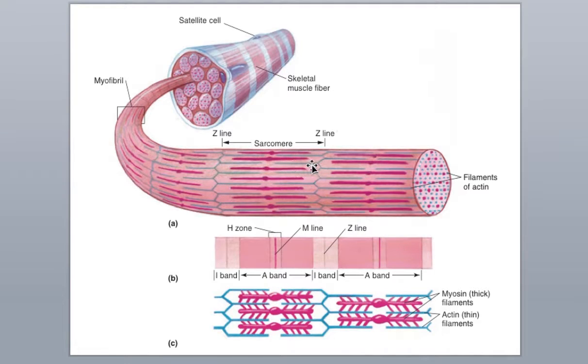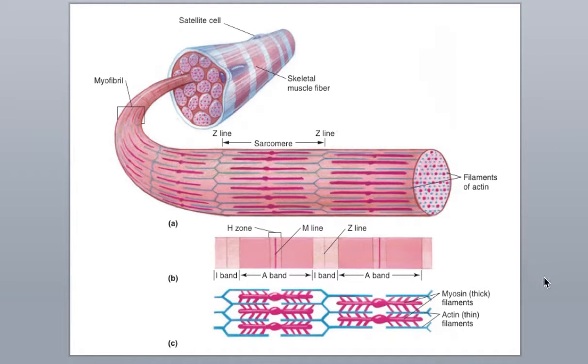You can see the thinner, kind of lighter type of protein, maybe like a light blue, and then you also have the red here in the middle. Those two proteins are going to slide over top of each other. So when we have muscular contraction, the Z lines become closer together, is essentially what's happening.